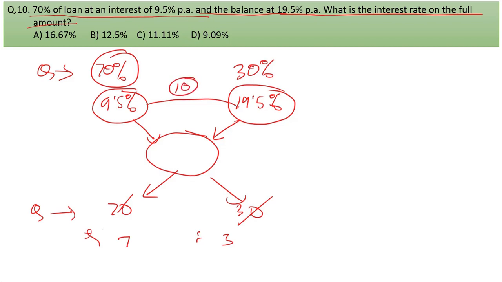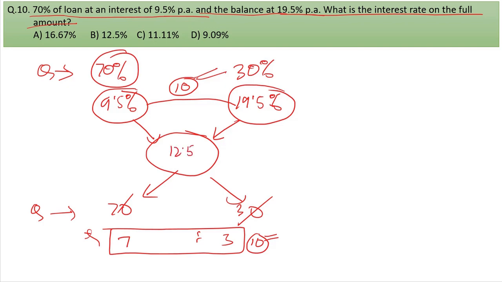And then let us take the quantity here, 7 plus 3 equal to 10 here. That means our equation is balanced. Now we are ready to do the operation. That is 9.5 plus 3 will be getting 12.5%. So 12.5% is the overall interest amount. If you have doubt here, please recheck again.